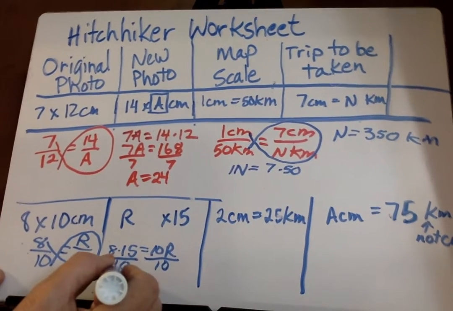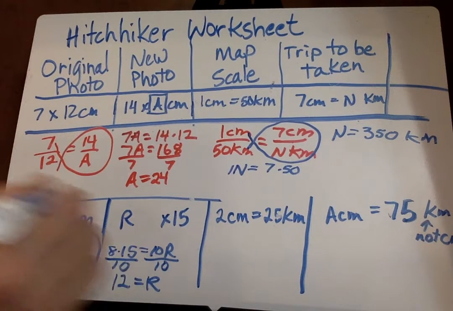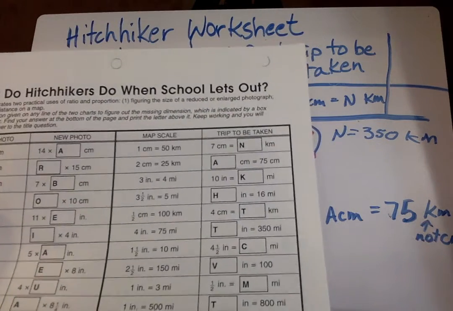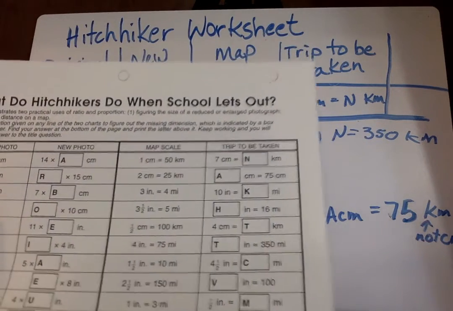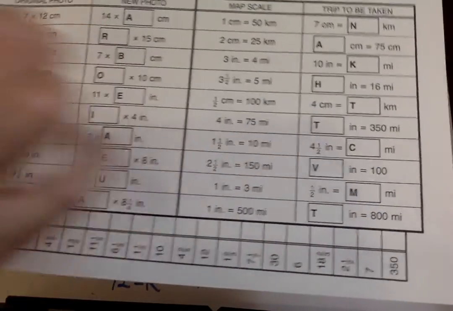So 12 equals R, or R equals 12. Okay, so anywhere 12 is down here, we put R right there, because that's where it is.